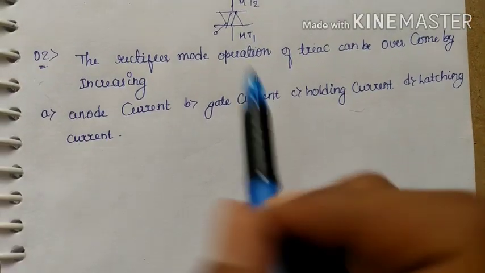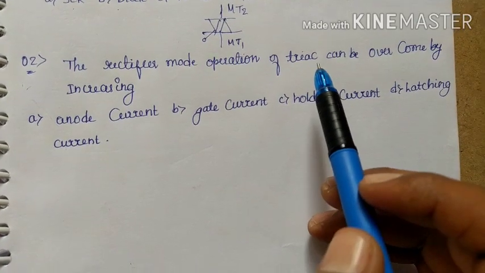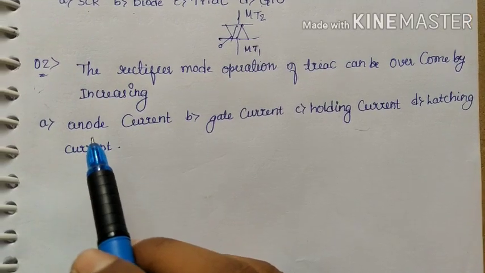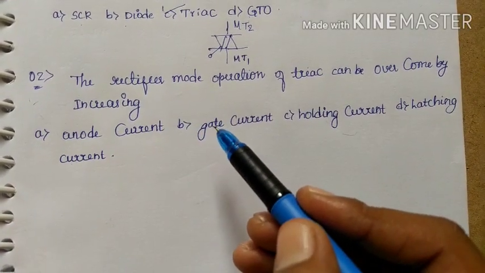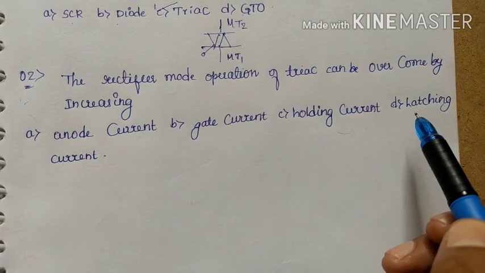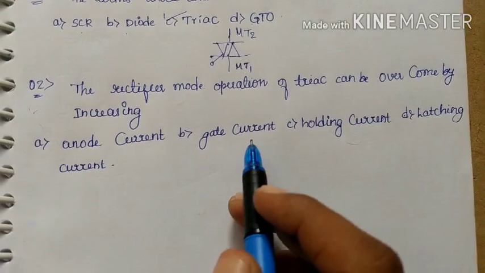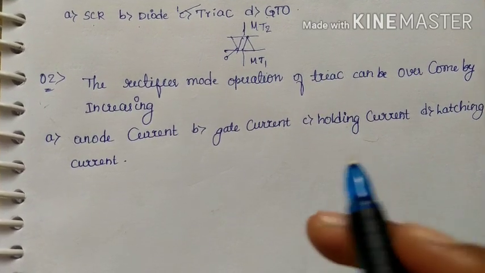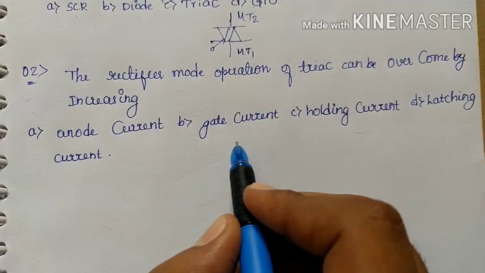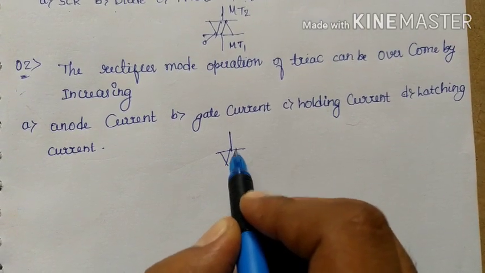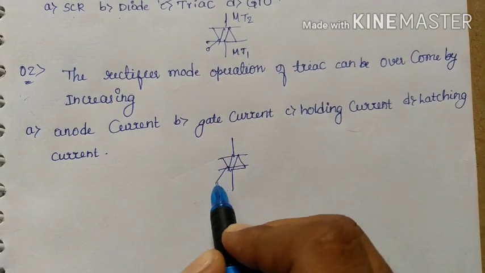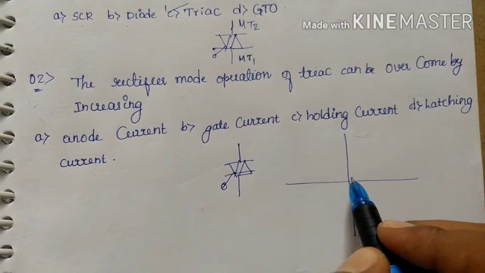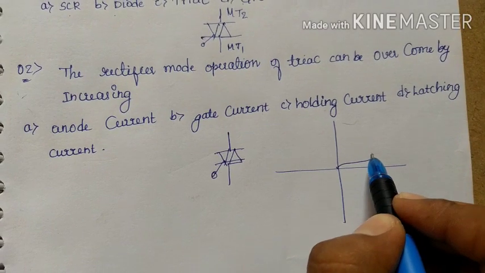The next question. The rectifier mode of operation of triac can be overcome by increasing, the options they have given are A. Anode current, B. Gate current, C. Holding current, D. Latching current. We know that triac is a bidirectional thyristor, a 3-terminal device. Like this it will be there. We know the characteristics of this triac is like this.